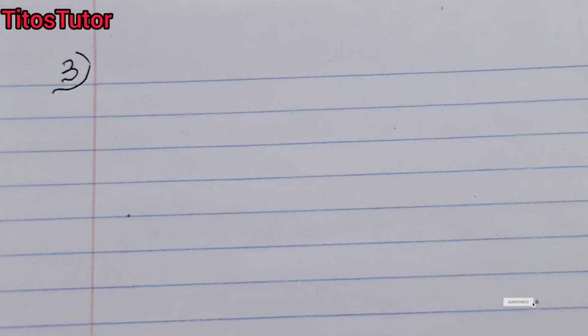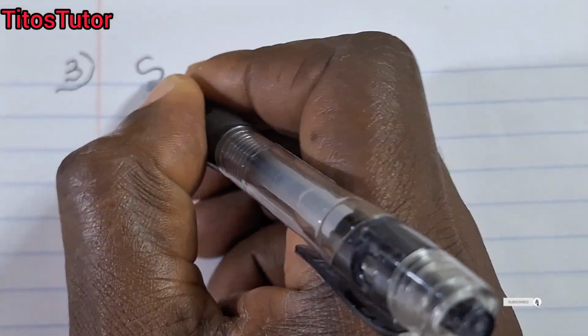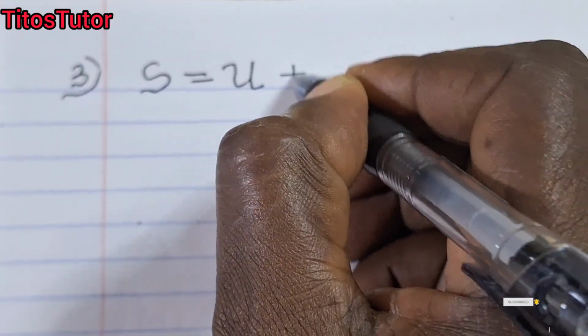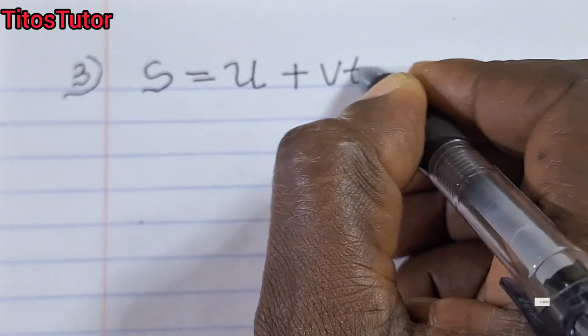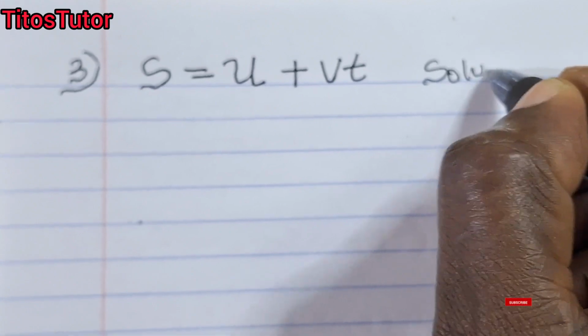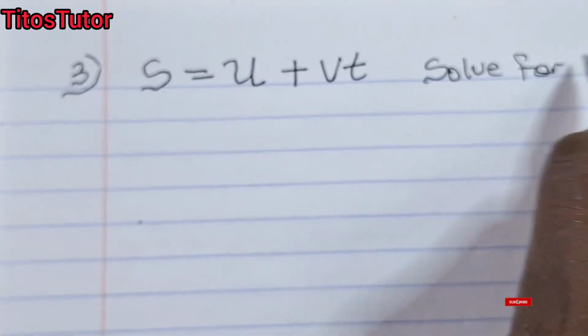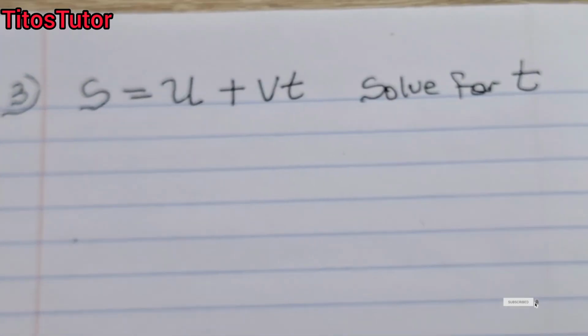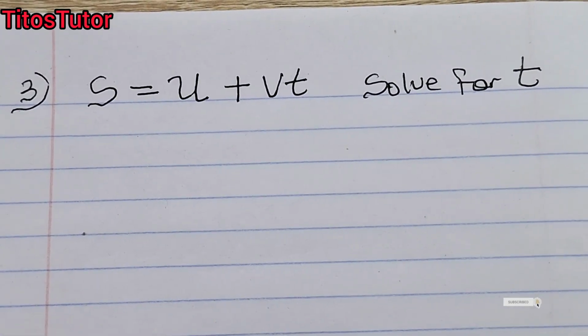Here is my example 3, and it says s is equal to u plus vt. Solve for t. So in this case, I am solving for t.